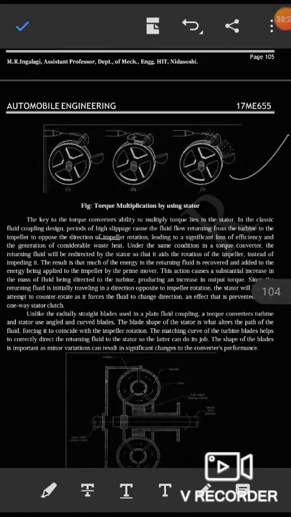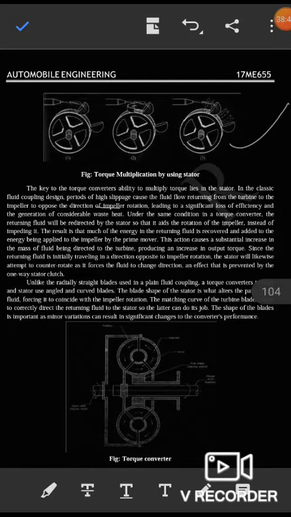Under the same condition, in a torque converter, the returning fluid will be redirected by the stator so that it aids the rotation of the impeller instead of impeding it. The result is that much of the energy in the returning fluid is recovered, added to the mass of the fluid being directed to the turbine, producing an increase in output torque.